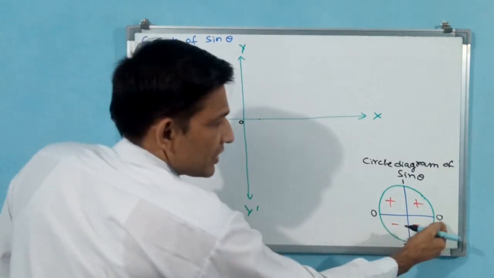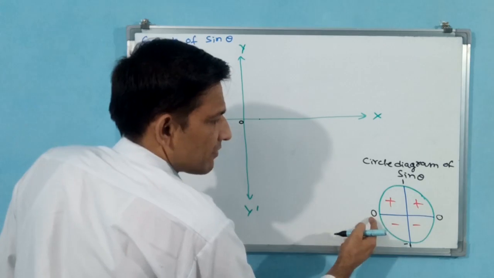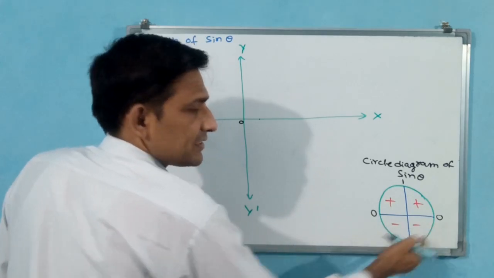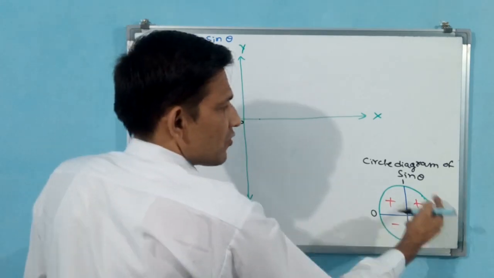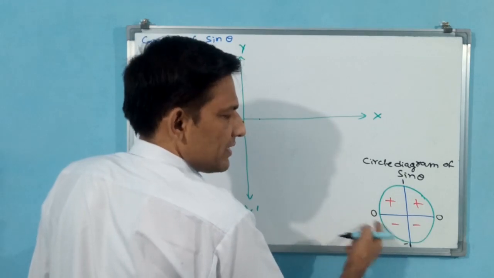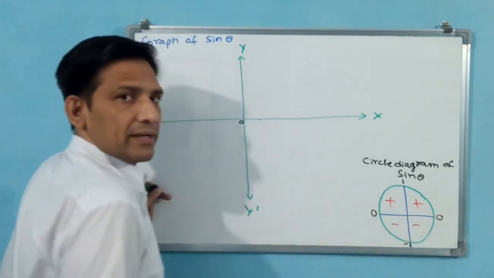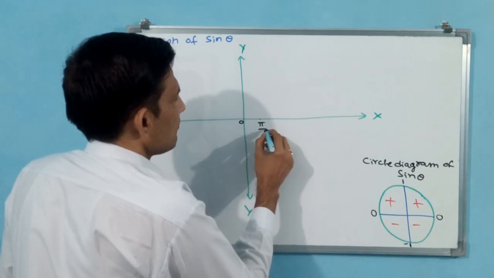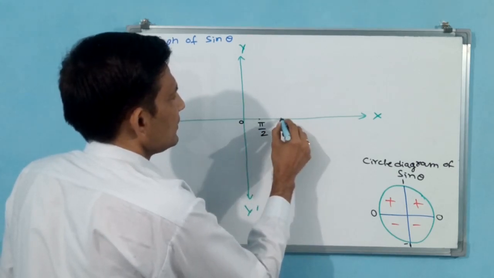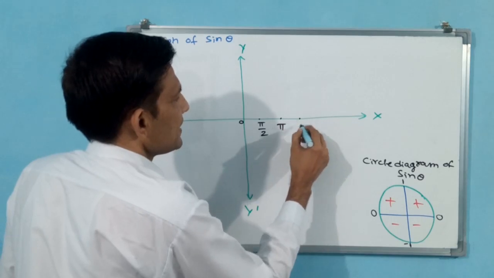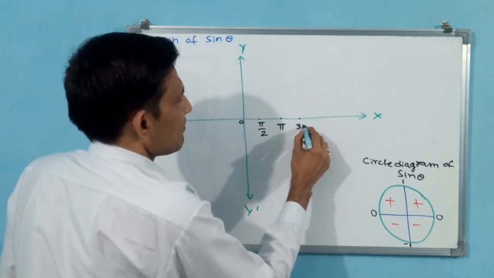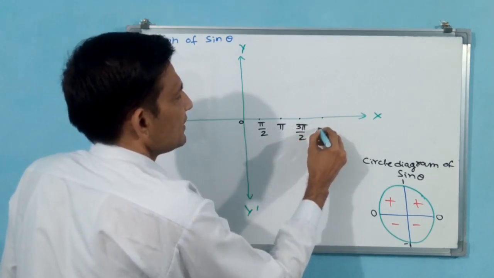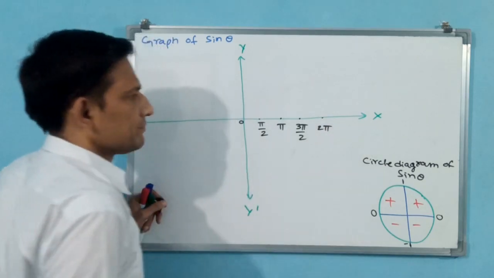Now you see 0 degree, 90 degree, 180 degree, 270 degree, 360 degree. That means 0, pi by 2, pi, 3 pi by 2, 2 pi. You divide this also. See, I am making it pi by 2, then pi, then 3 pi by 2, then 2 pi.